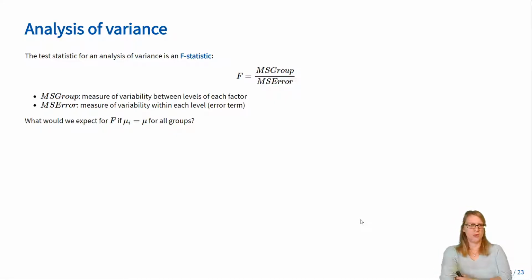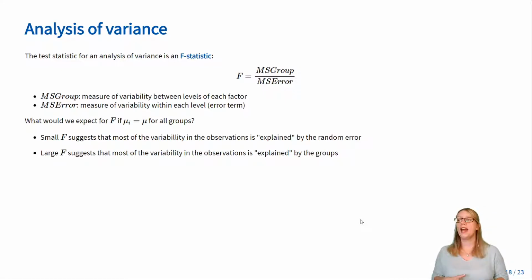Now, let's do a little thought experiment. If the mean is the same for all of the groups, then we wouldn't expect to see much variation from group A compared to group B compared to group C. So that mean squared for groups should be small. There would be a lot more variation associated with the random error. So if we have a small F statistic, where the mean squared for group is much smaller than the mean squared for error, that suggests that the grouping doesn't explain much.